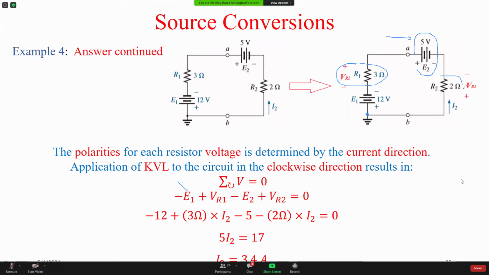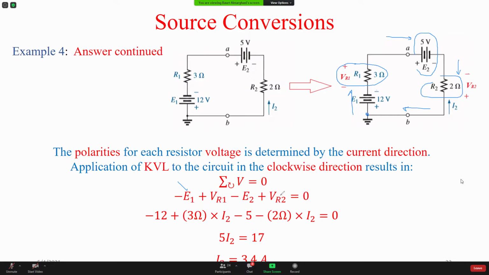Then I go down, from negative to positive, so it's a positive voltage, a gain. Again a drop, gain, rise, drop, and rise. I complete the loop, which means the sum equals 0.